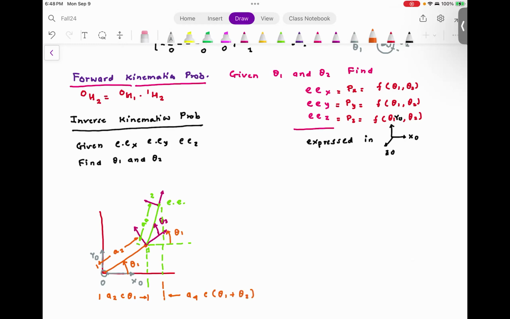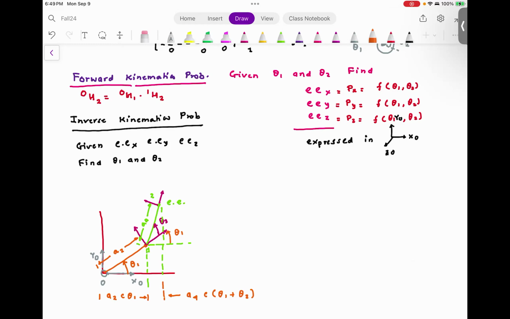You agree with me? Now, why is this? Because notice, this angle is theta 1. These two lines are parallel. This line is extended, so this intercept is theta 1. We are measuring the robot angle with respect to the frame 1. So this angle is theta 2. So the total angle is theta 1 plus theta 2.